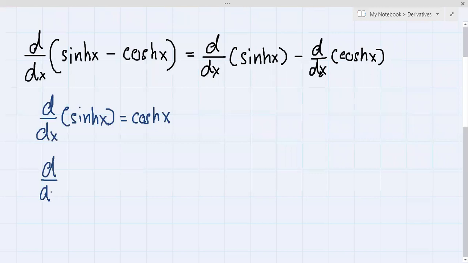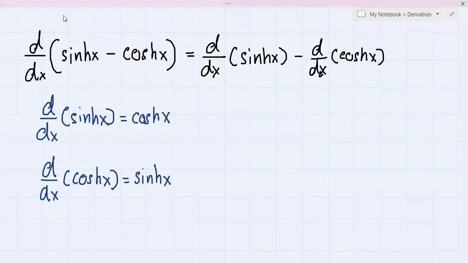And as for this one, which is the derivative of hyperbolic cosine x, ang sagot naman niya ay positive sine hx or hyperbolic sine x. Unlike dun sa trigonometric na cosine, ang derivative niya ay maging negative. Well, dito naman positive siya.